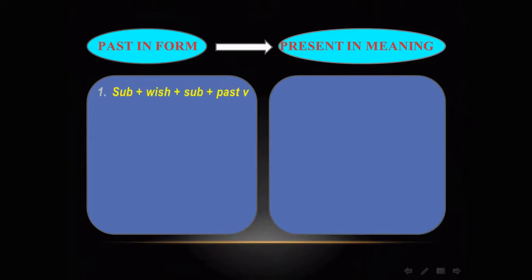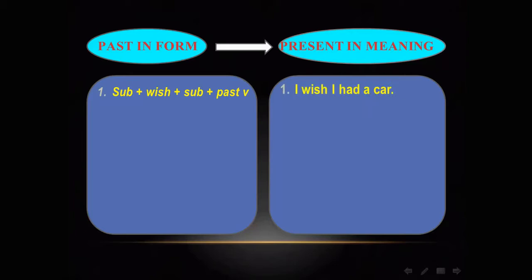يعني number 1 the sentence begins with the subject, then the verb wish, then another subject, then the past verb. يعني wish اللي هي يتمنى لما تيجي مع subject وبعديها subject تاني، ممكن يكون هو the same يعني أو مختلف. وبعدين الباست فورم اوف ذا فيرب الفعل فيه بشكل الماضي، يبقى أنا هنا كاتب ماضي لكن معنى الجملة في الحاضر. يعني مثلا for example I wish I had a car.